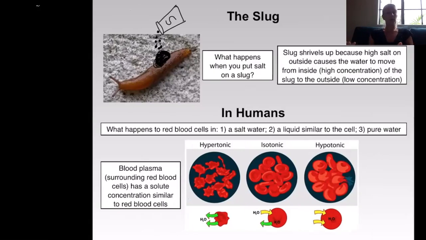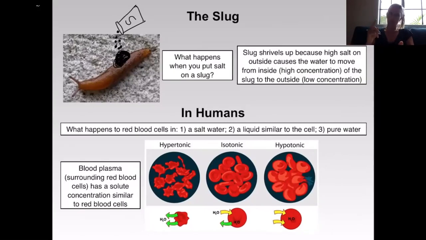Water can go through the plasma membrane because of these aquaporins. So what we see is that water has a high concentration on the inside. Where we put that salt, there's very little water. So what we're going to see is that water moves out of the slug into the pile of salt, and the slug shrivels up and dies, right?